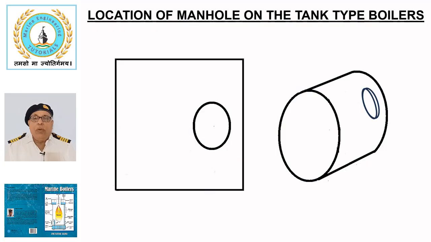Location of manhole on tank type boilers. This sketch shows the ideal position of a manhole in a tank type boiler. We have studied that circumferential stresses acting in the boiler drum are double the longitudinal stresses, which rupture the drum in the longitudinal direction.